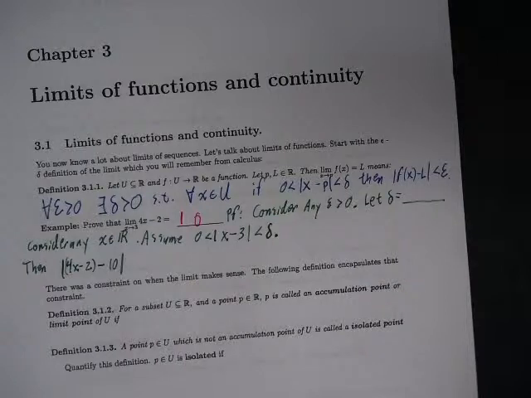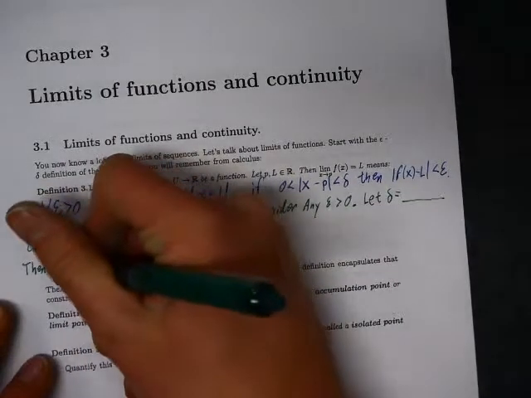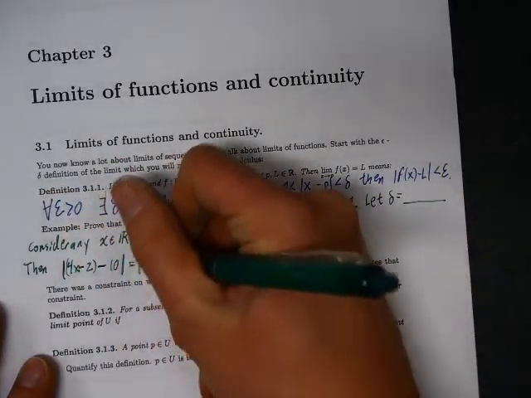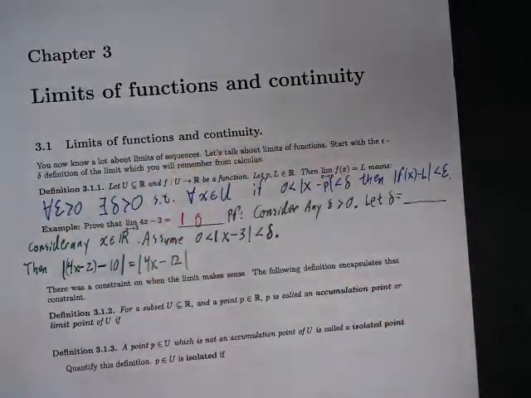So let's just go through and see what happens. 4x minus 2 minus 10. Well, how does that simplify? Yeah, just say that out loud. 4x minus 2 minus 10, so this will be the same as 4x minus 12?